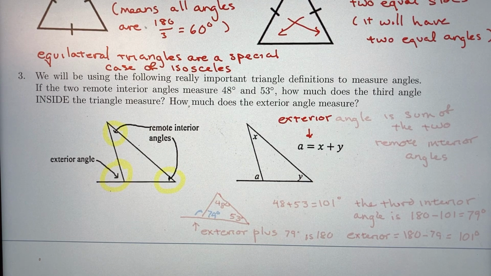Exterior means on the outside. And we say remote because it's not the third one, not the one that's adjacent to the exterior angle, but the other two.